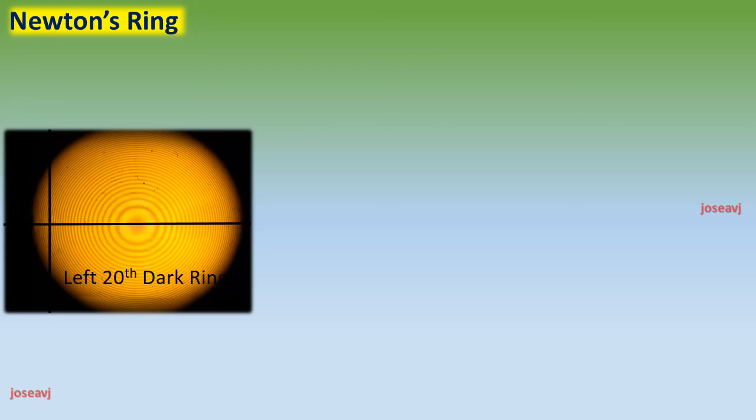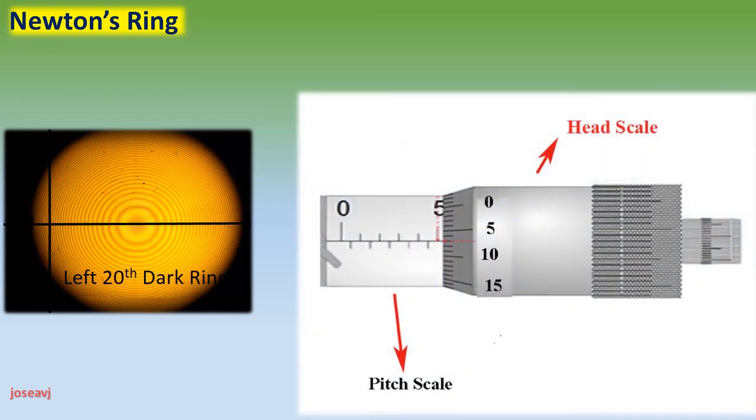Now we are going to tabulate the observations for wavelength measurement. What we do is we turn the microscope towards left and make the vertical crosswire tangential to the 20th dark ring on the left side. Now when the vertical crosswire is tangential to the 20th dark ring on the left side, the screw gauge view is like this. Now we pick out the pitch scale reading and head scale reading and note the values.